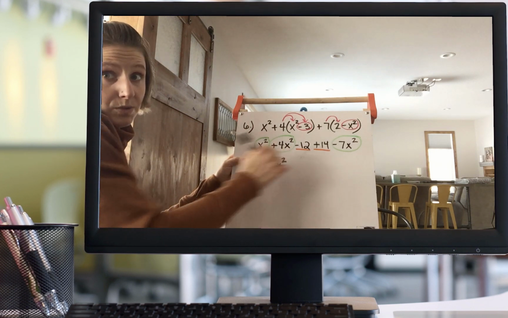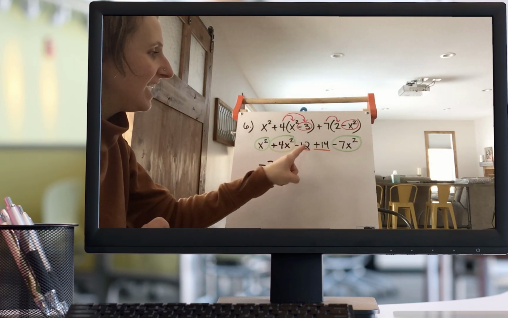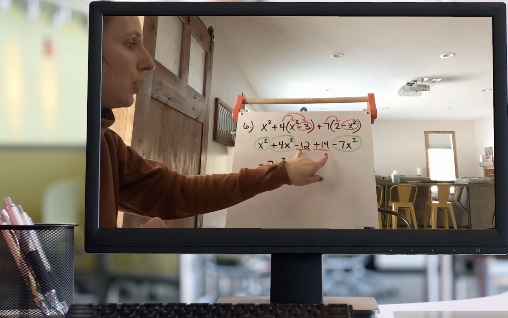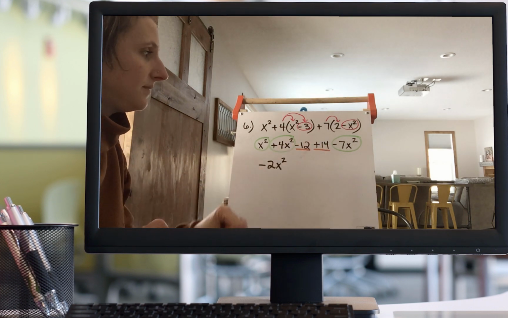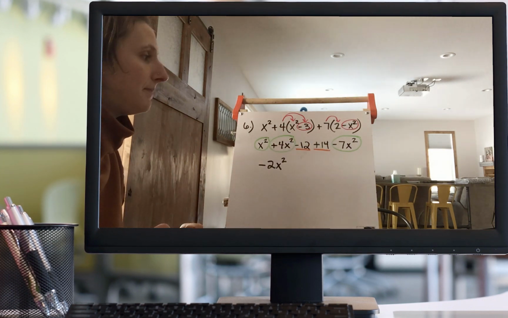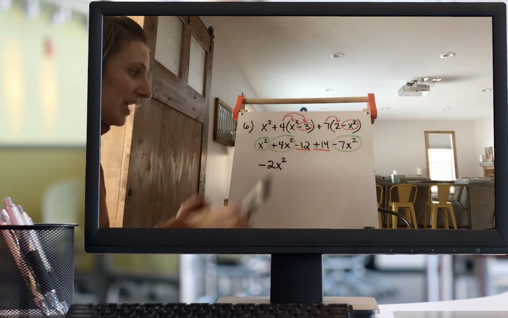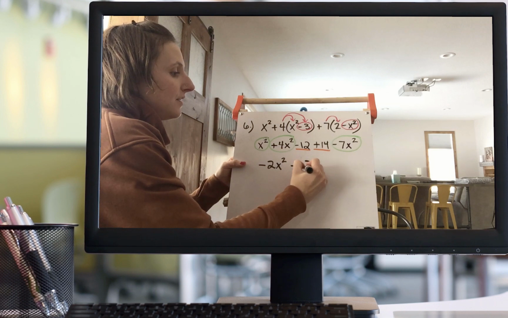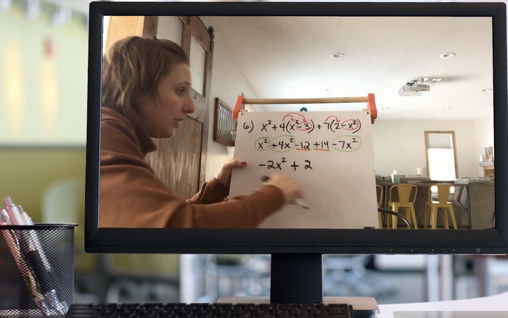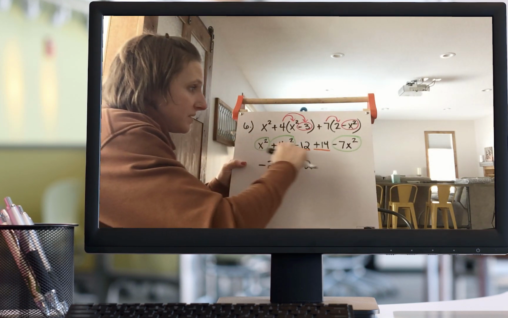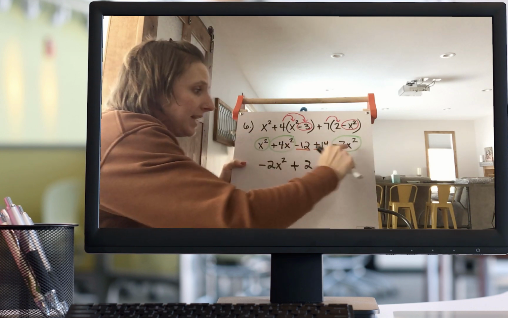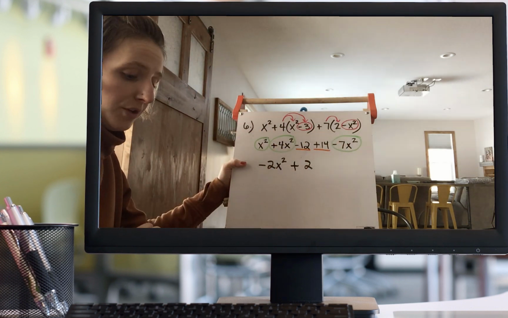I owe 2x squareds. Then I have a negative 12 plus 14. Who won, the negative team or the positive team? The positive team did. By how much did they win? 2. So I'm going to have a positive 2. Here's my simplified expression. I use distributive property. I combine my like terms. Now I'm ready to evaluate.